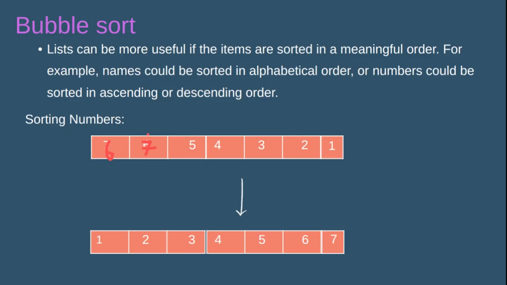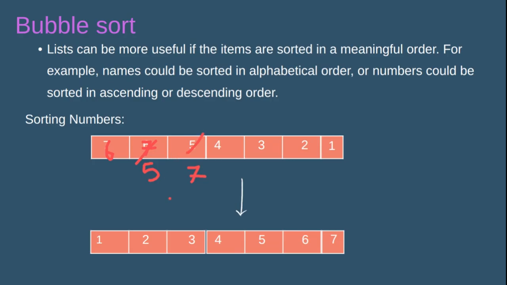Now when iteration number 2 of the loop executes, 7 is greater than 5. We'll be swapping these values and 7 will be pushed towards the third position.